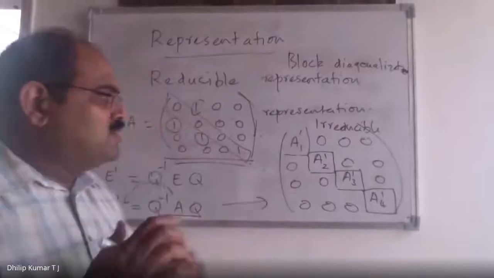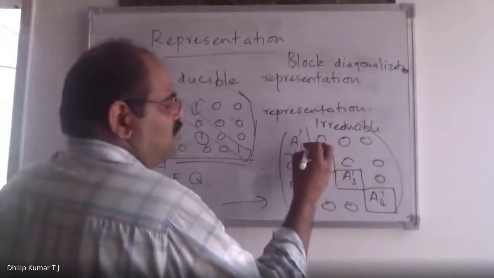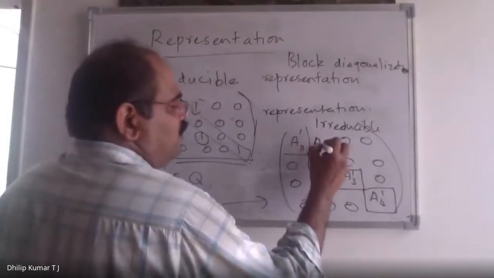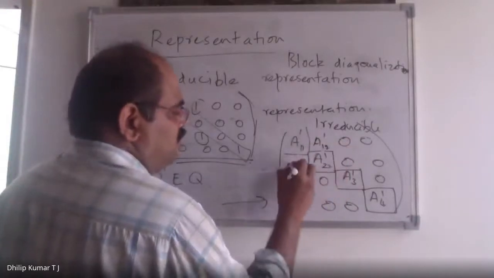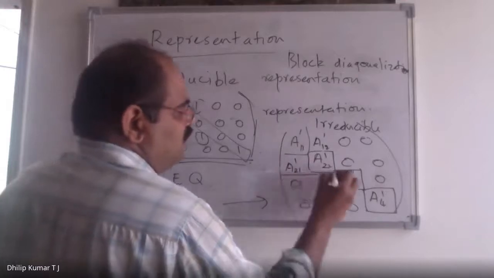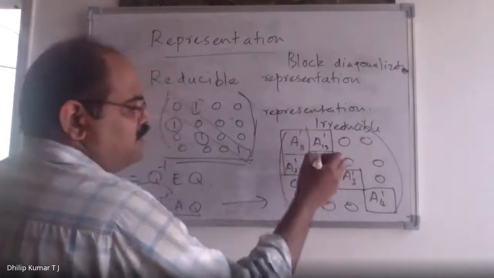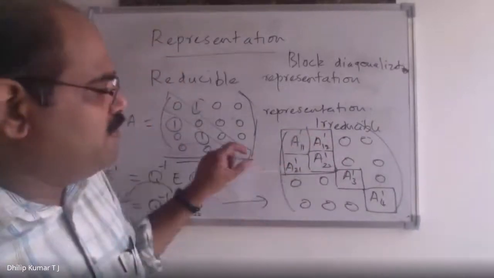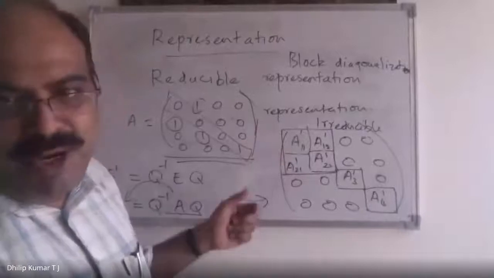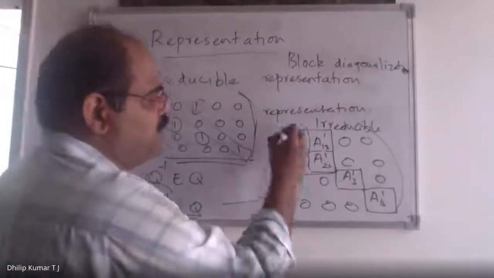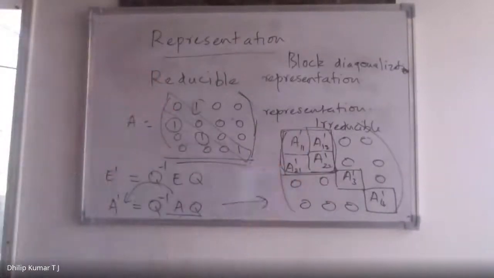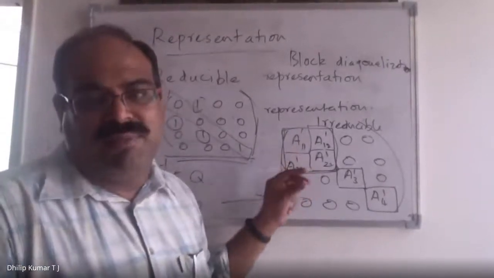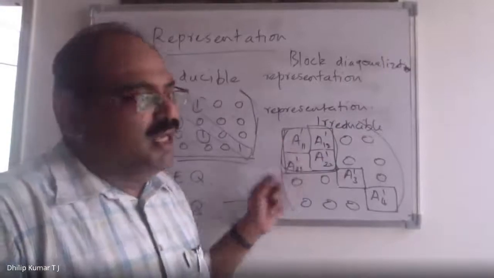If it is a 2 by 2 matrix, with elements A11, A22 on the diagonal and A12, A21 off the diagonal, and you perform a similarity transformation but cannot go further down, then we say this 2 by 2 matrix is an irreducible representation of 2-dimensional type. It has a 2-dimensional character.